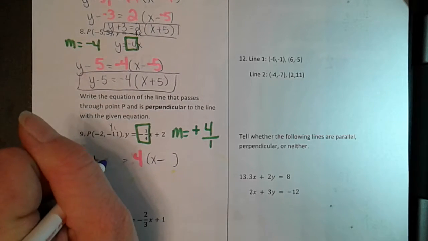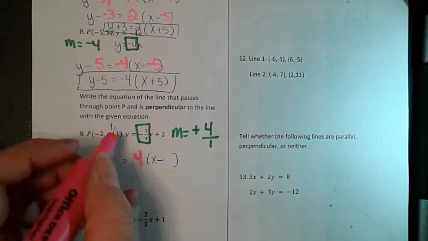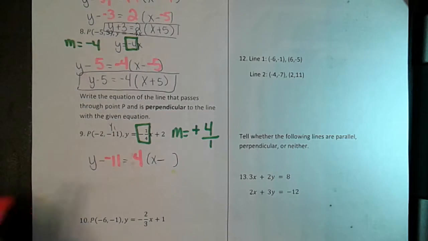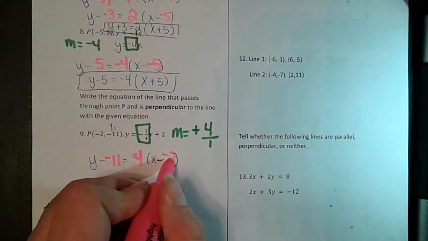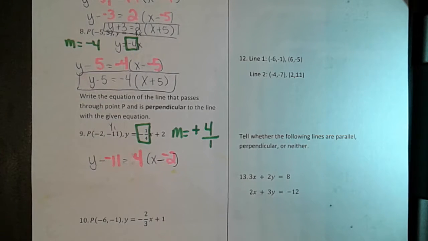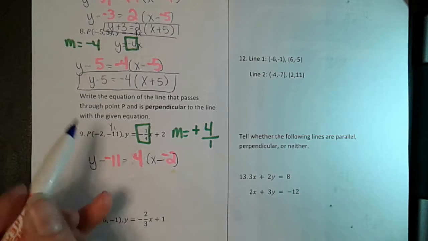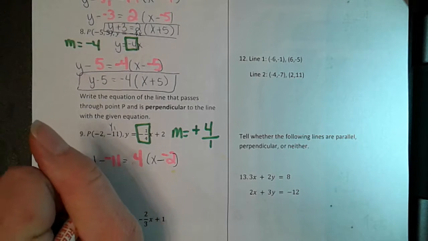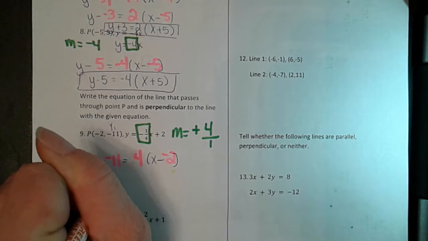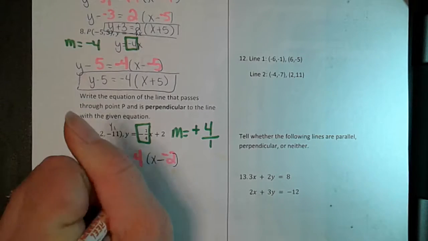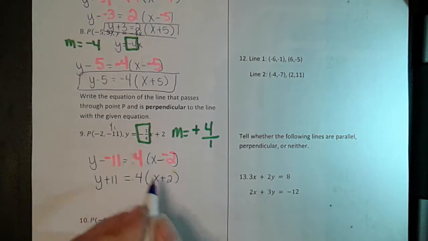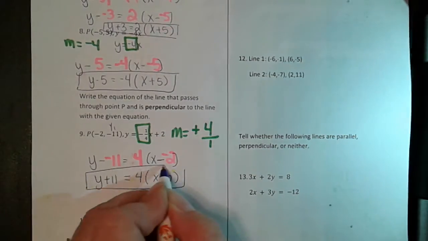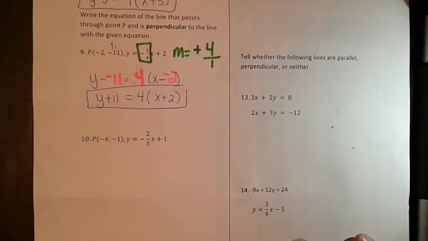So y minus -11. And x minus -2. So we plug those in, and then we just simplify. So we just look at this and say, well, minus a negative isn't really the right way to write it. We actually write y plus 11 equals 4 times x plus 2.